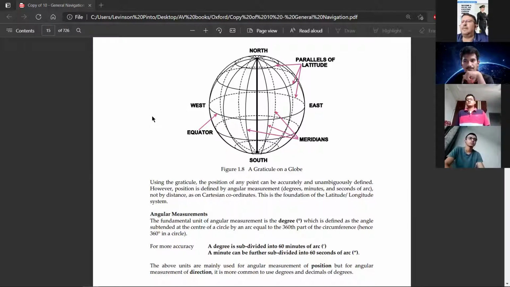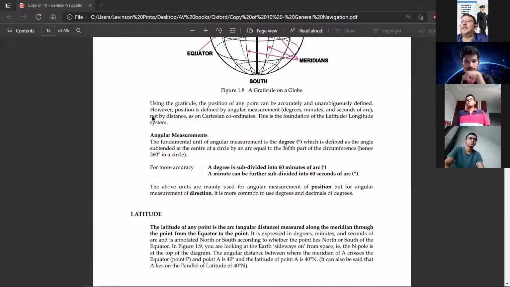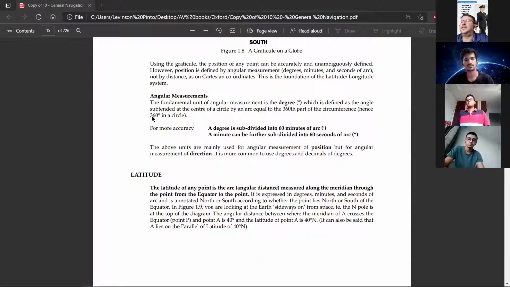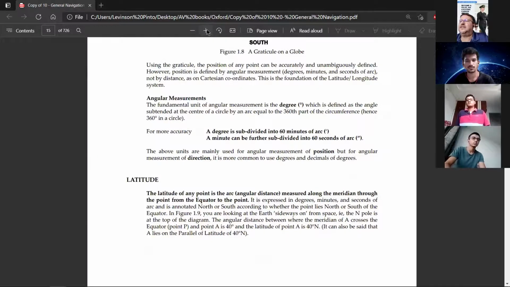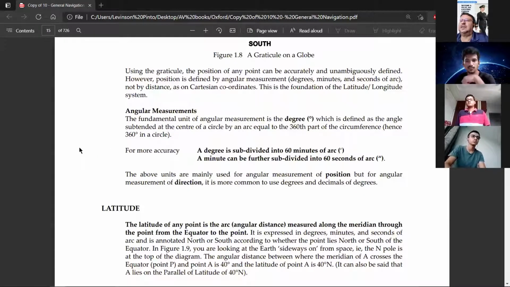The fundamental unit of angular measurement is the degree, which is defined as the angle subtended at the center of a circle by an arc equal to the 360th part of the circumference. Hence 360 is a circle.